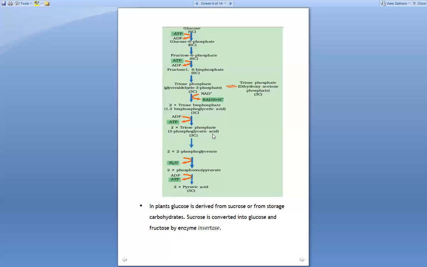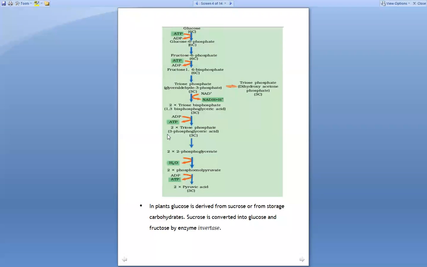This 3-phosphoglyceric acid gets converted to 2-phosphoglycerate, right? And here the change which is taking place is what? The phosphate which was present on the third position changes its position and goes to the second position.